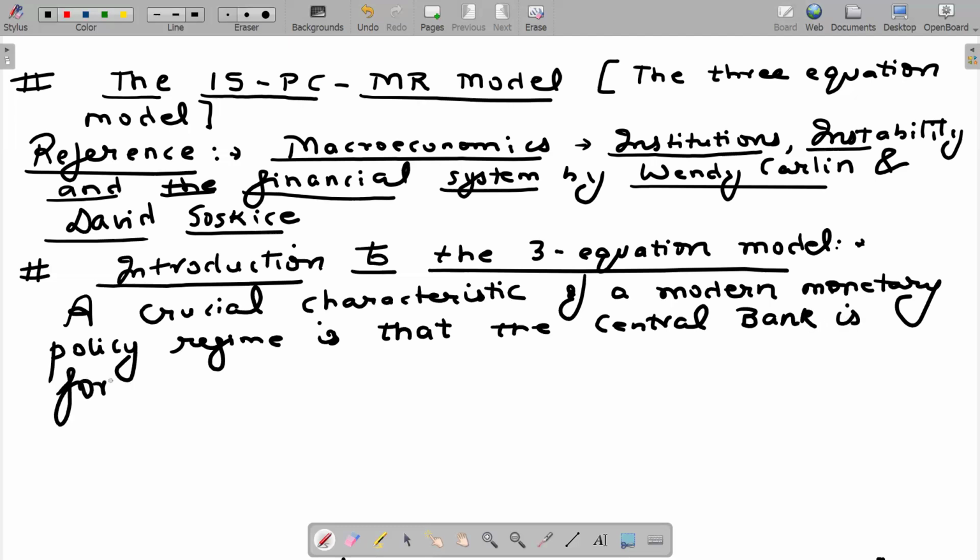When I say forward looking, it means it designs the monetary policy based on inflation in the future.